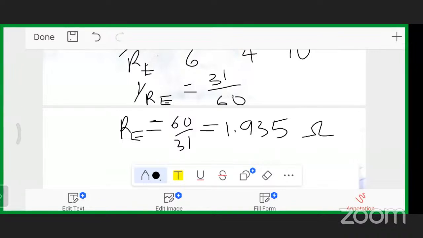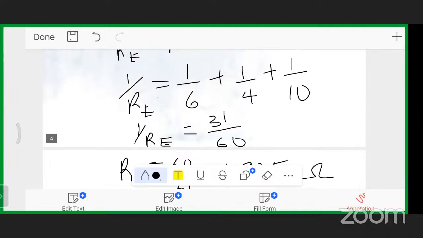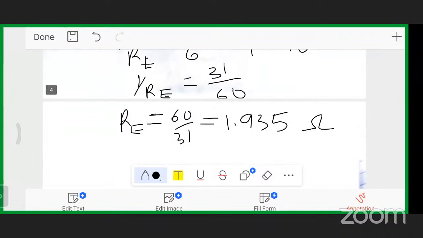Look at this. You learn something interesting: if you have resistors in parallel, then the effective resistance will always be smaller than the smallest resistor in that circuit. For instance, our circuit had 6, 4, and 10. Look at the effective resistance, 1.935. This also explains why bulbs connected in parallel tend to be brighter than bulbs connected in series, because bulbs are treated as resistors, as loads.